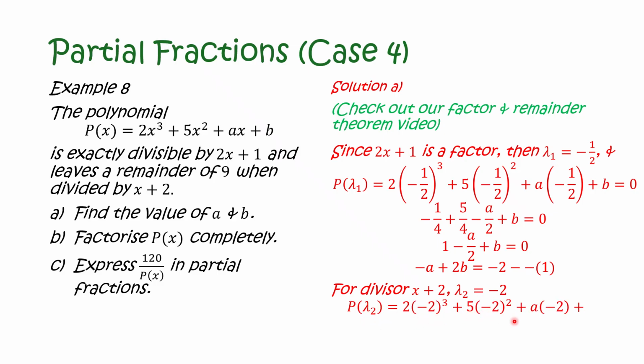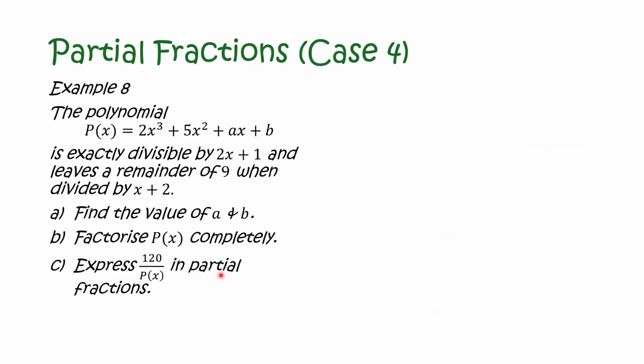We're saying that p of lambda 2 is given by that, where we have x, we're just simply substituting -2. And this one should be equal to 9 because we are told that x plus 2 is just the divisor, meaning that it leaves a remainder of 9. So with that in mind, we simplify further so that we get to the final step of -2a plus b is equal to 5. Let's label this equation 2.